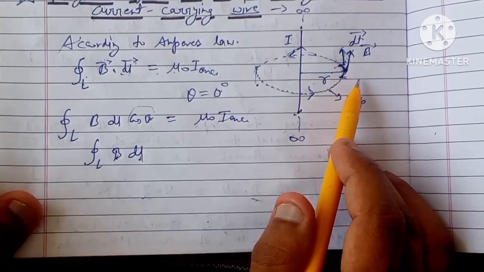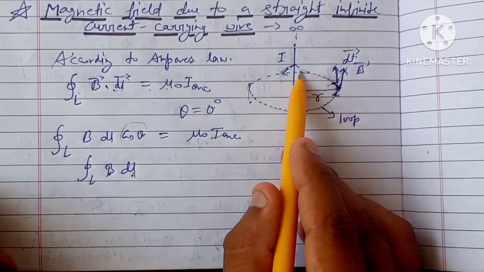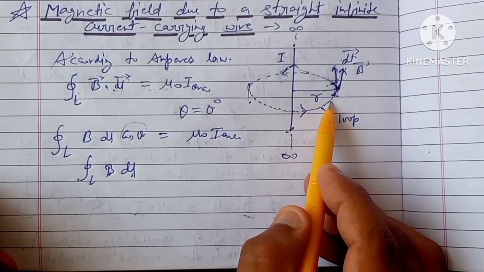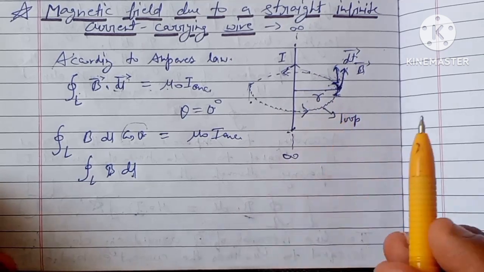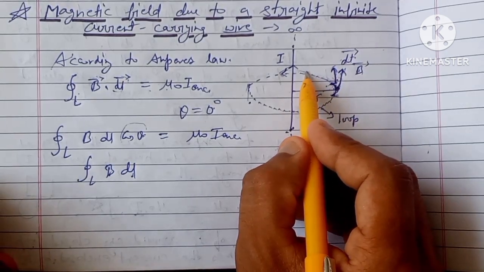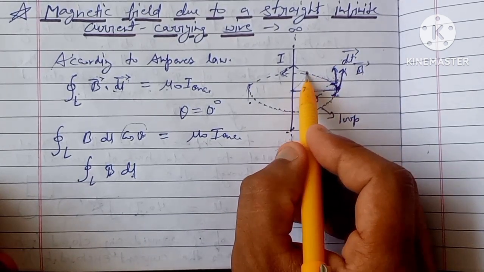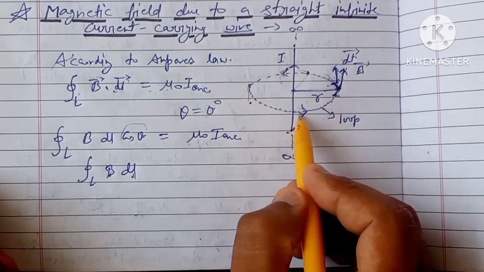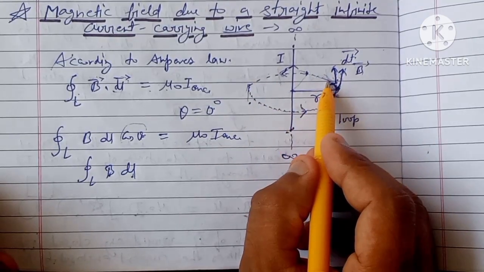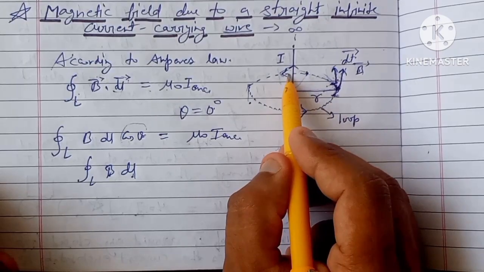Now at these points the r is the same. If I had chosen my point here, then this r and this r will be the same. It means the radius of this loop is the same at every point on this loop.